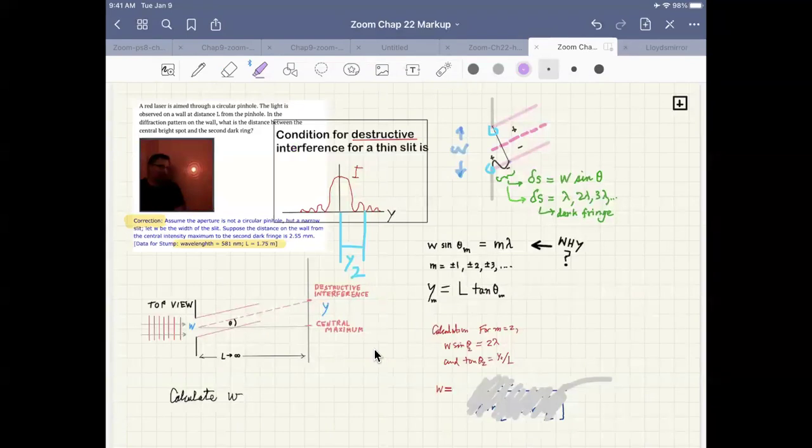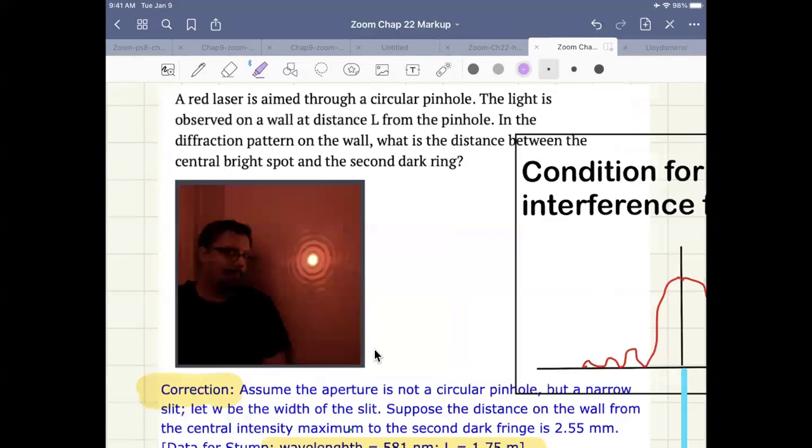Okay, here's another problem. A red laser is aimed through a circular pinhole. Well, when light goes through an opening, it spreads out. And as it spreads out, it overlaps. The waves overlap, so you can have constructive and destructive interference. So for a circular pinhole, the laser is way over here someplace.